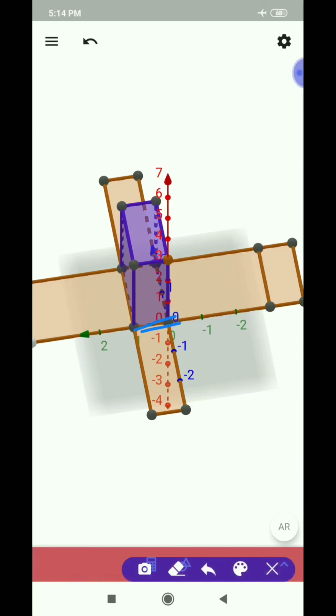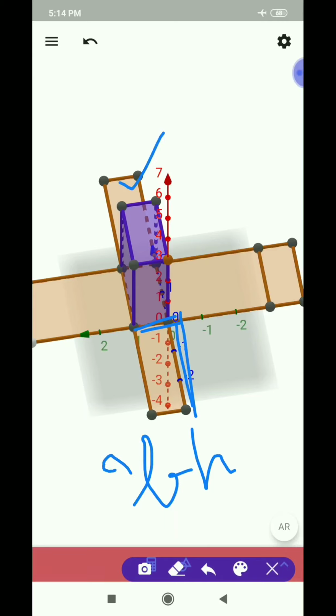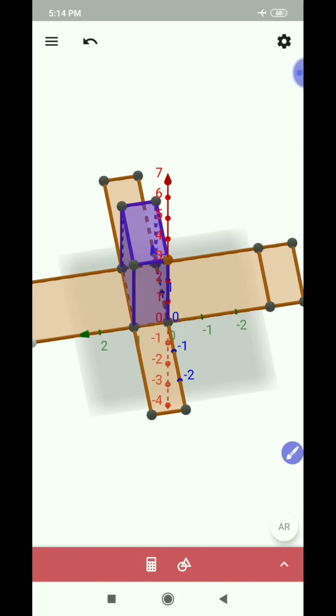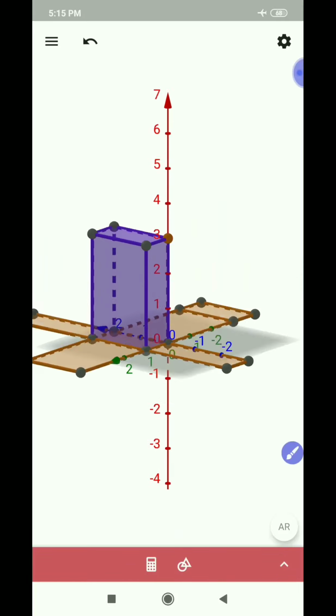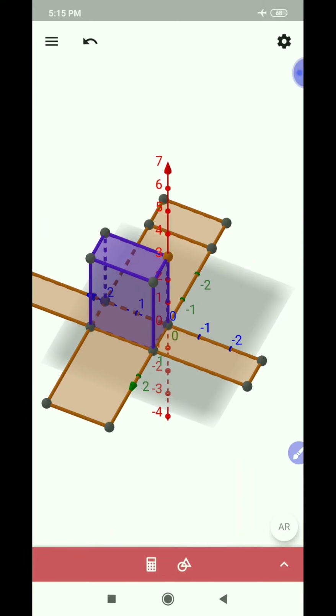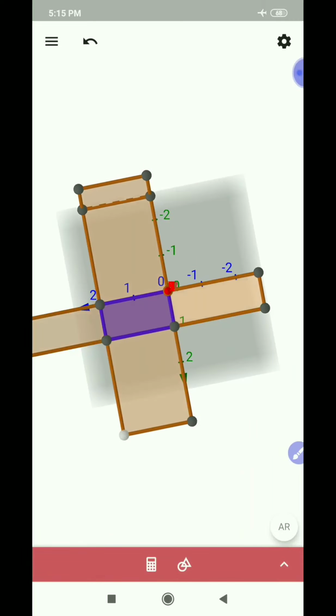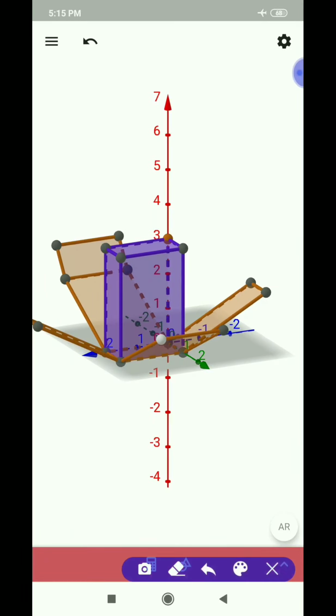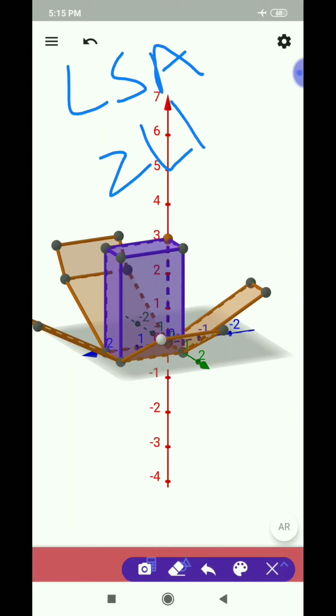We already told you it is B and it is H. So its area is B into H. Its opposite is also the same, B into H. We have 2B into H. That means the lateral surface area of a cuboid is 2L into H plus 2B into H.